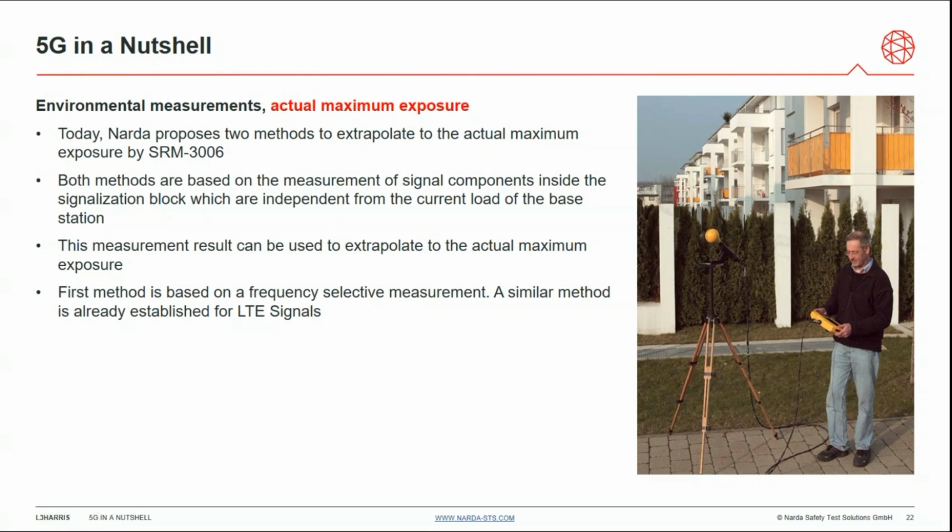In LTE, these are called resource elements. In 3G, it's called P-CPICH. So it's a kind of beacon, a kind of pilot, if we use older terminology. And this was allowing for calculation to actual maximum exposure that was described in many standards, and that was the method used over the last years.